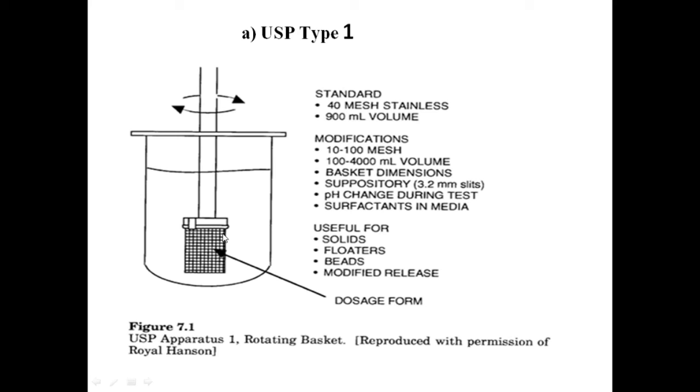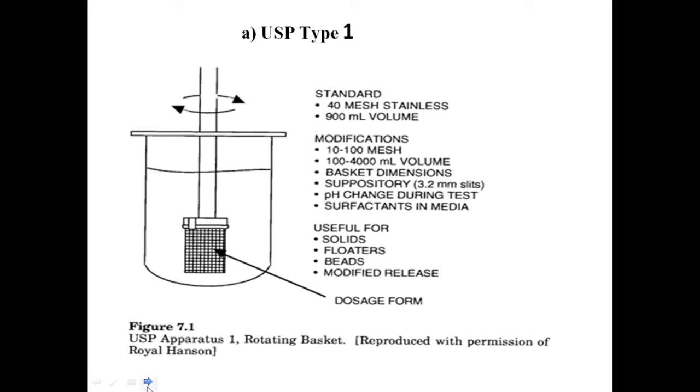A metallic shaft, one end of which attaches to a motor, and a cylindrical metallic mesh basket that attaches to the opposite end of the shaft. The dosage form is placed inside of the basket, and the basket assembly is immersed in the dissolution vessel containing a nominal volume of dissolution medium and rotated at a specified speed.